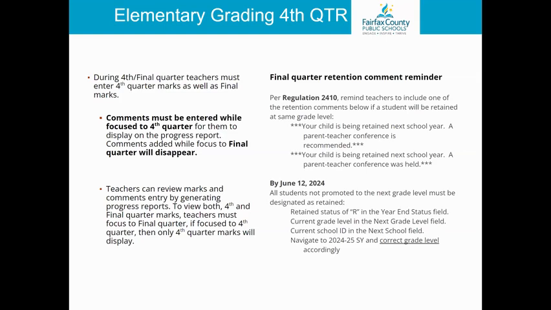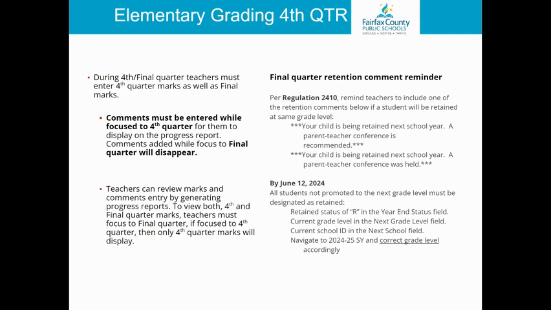And then also final quarter retention comments per regulation 2410. We want to make sure that all the specific things that needed to happen for students are done during the third quarter. They've had a conference already, and parents are aware that the student may be getting retained.